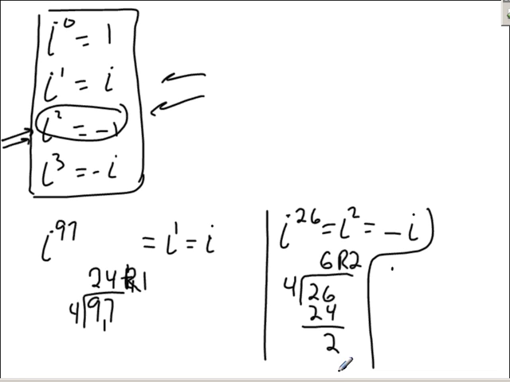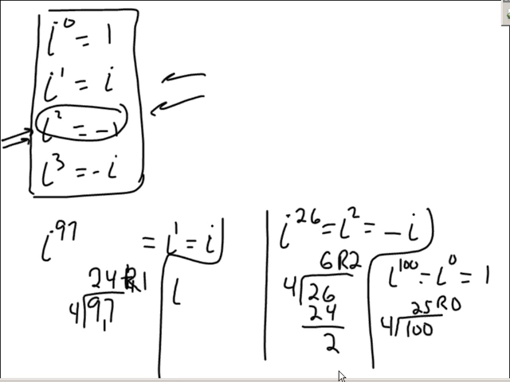If I give you i to the 100, well, if you do 4 into 100, it goes 25 times and remains a 0. So it's i to the 0. It's always i to the remainder, but that's 1. So i to the 100 equals 1. Just divide by 4.